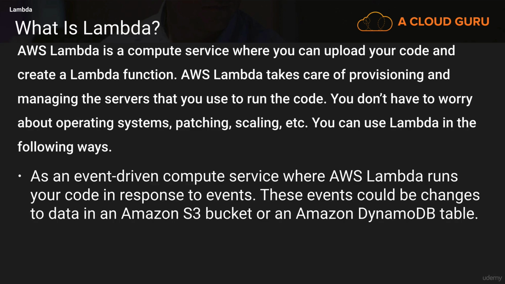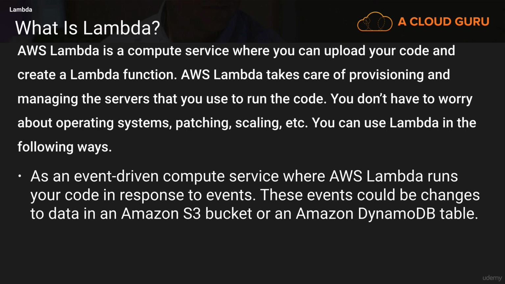So you can use Lambda in the following ways. As an event-driven compute service, this is where Lambda basically runs your code in response to events. So these events could be changes to data in an S3 bucket or a DynamoDB table. And I gave the example of somebody uploading a picture to an S3 bucket using your web application. Lambda then goes in and maybe moves that picture over to another bucket. It might watermark it.